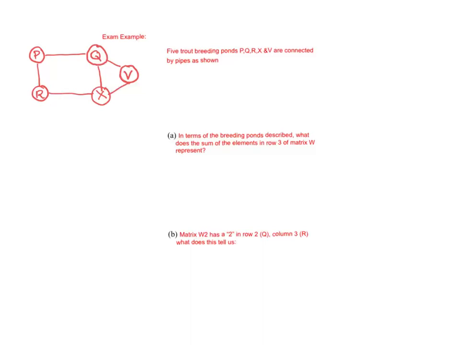We could set up the first communication matrix with P, Q, R, X and V. We're looking at which ponds the trout can directly go to breed in one step. From P, it can't go to P, it can go to Q, it can go to R, but it can't go to X or V in one step.